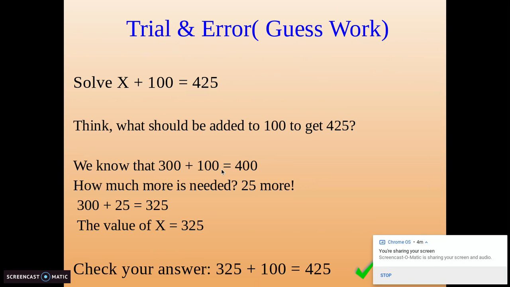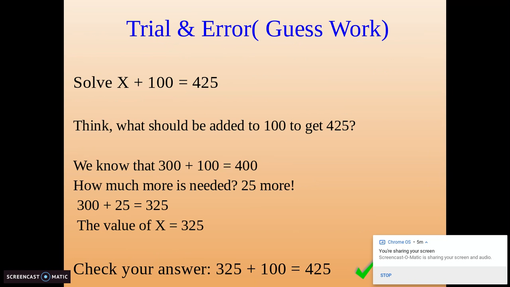Now, let's take one example for the trial and error method. Solve x plus 100 equals 425. Now think, what should be added to 100 to get 425? If you just consider the hundreds, we know that 300 plus 100 will give you 400, but how much more is needed to make it 425? So we can say, maybe 25 is needed more.